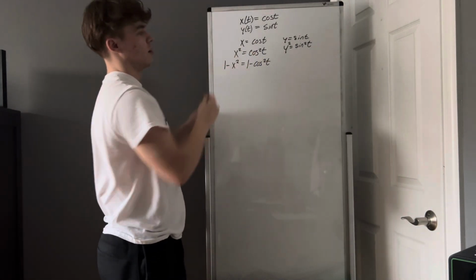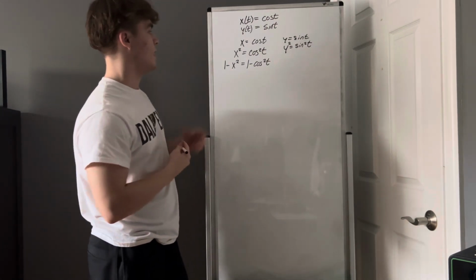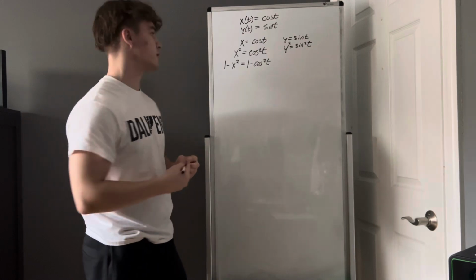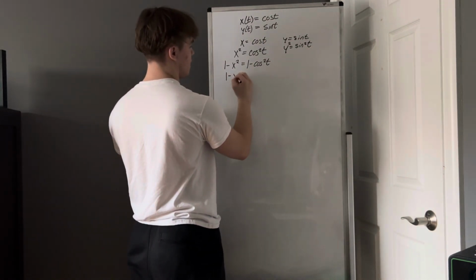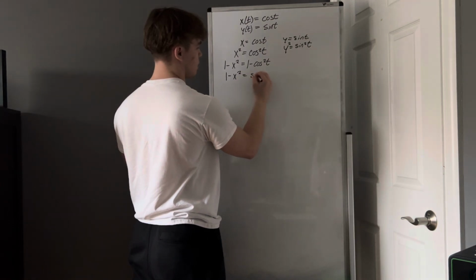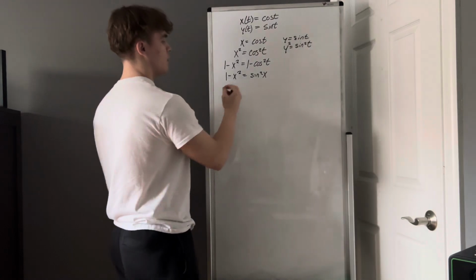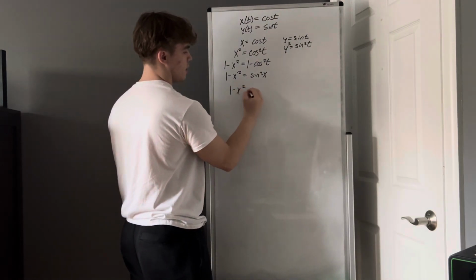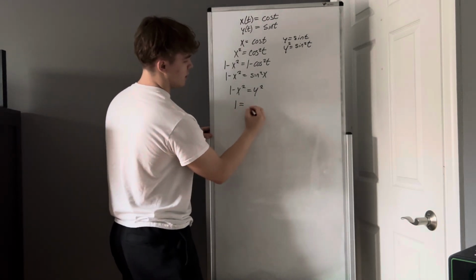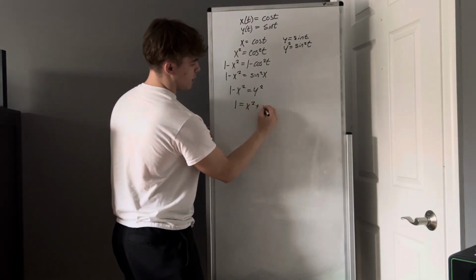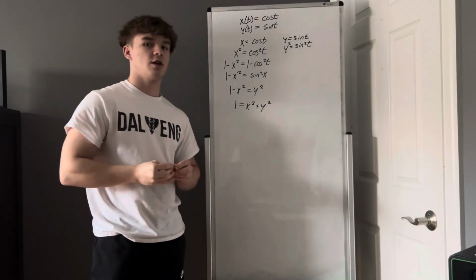I just multiplied by negative 1 on each side, and then added 1 on each side. Very simple stuff. And we know that 1 minus cos squared t, well, that's sine squared t. Sine squared t is y squared, so 1 minus x squared is y squared, and we do indeed get the equation for our unit circle: a circle, radius 1, centered at the origin.